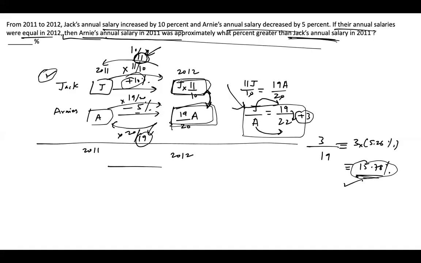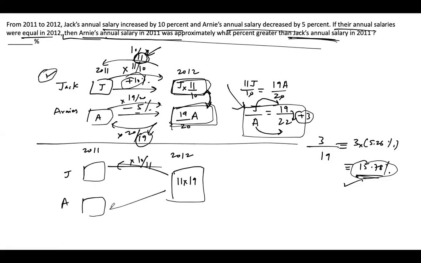If this is 209, 11 into 19, don't calculate 11 into 19. So what would be the salary of Jack in 2011 and Arnie if we are multiplying this by 10 by 11? We are multiplying this by 20 by 19. 19, 19 will get cancelled. This would be 20 into 11, and this would be 10 into 19.